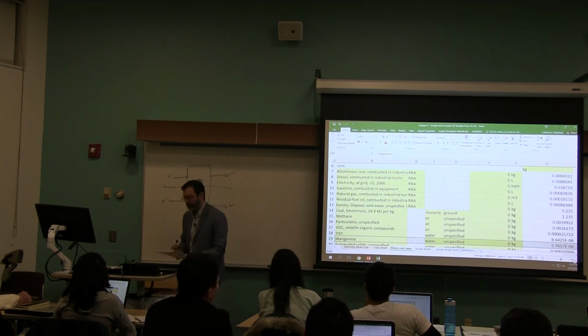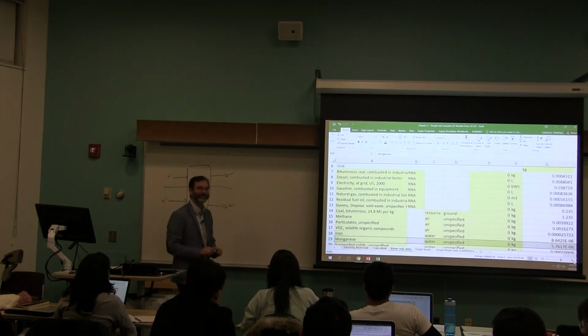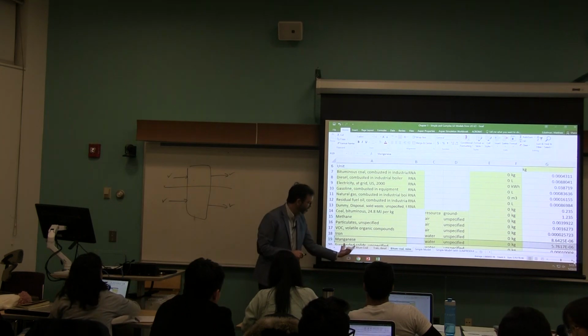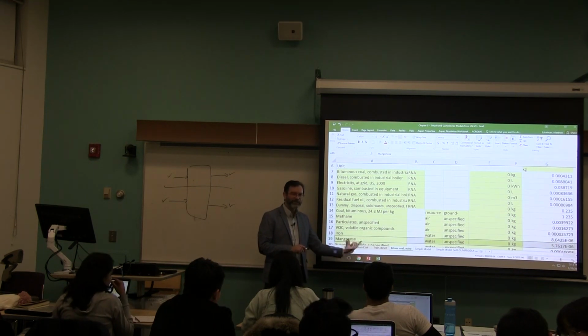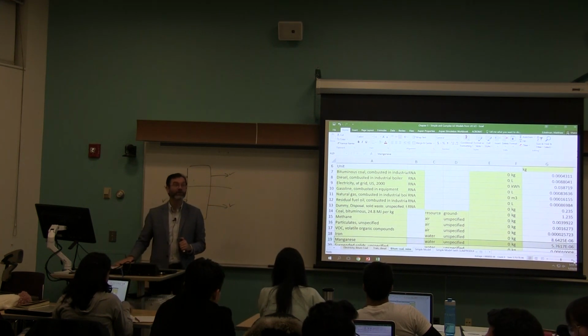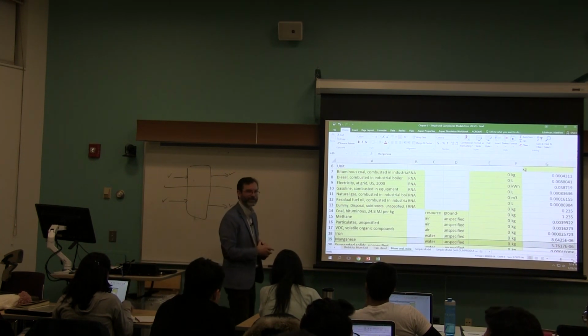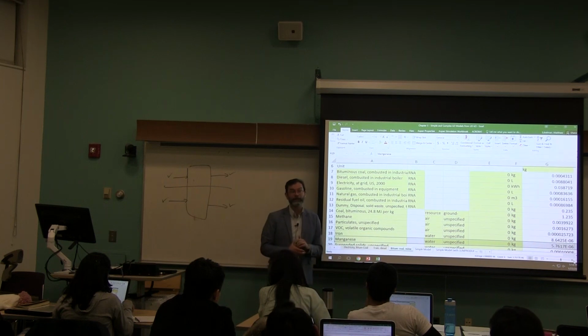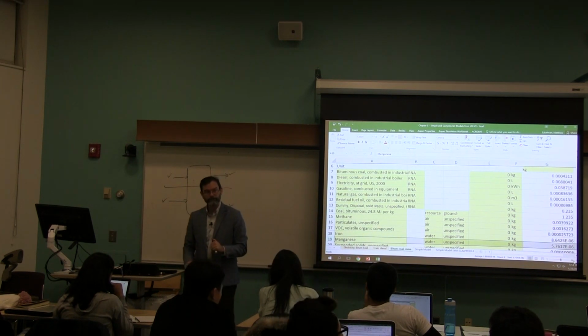Okay. So that might be belaboring the point here, but I'm glad we got a chance to practice this. So these are 3 different excerpts from the US LCI, which includes hundreds and hundreds of different unit processes. Okay? Questions?